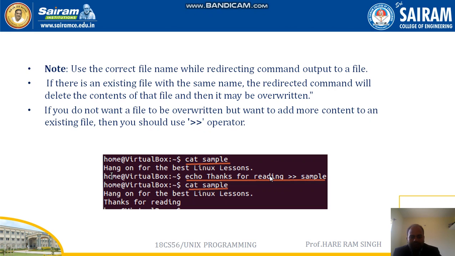So what will happen? This will be added as extra content in sample. Cat sample: the first line, hang on for the best Linux lesson, was already existing, and whatever next line we have written, thanks for reading, will be added here. That's all.